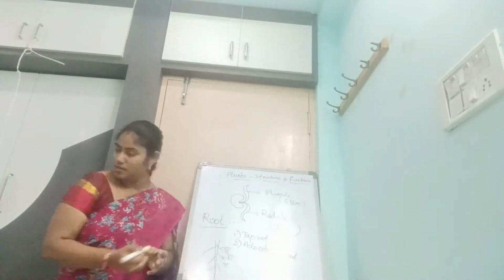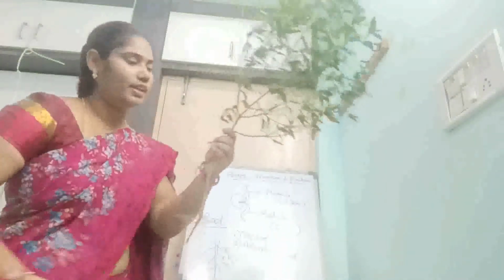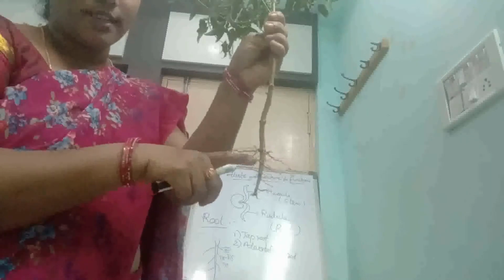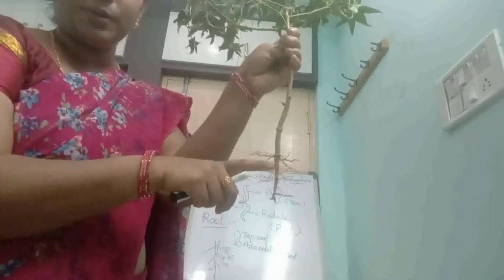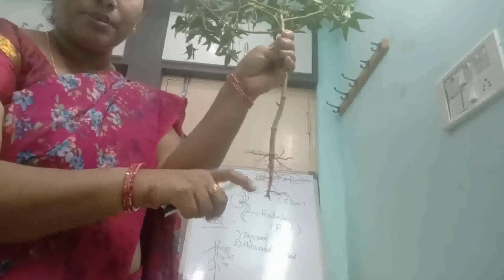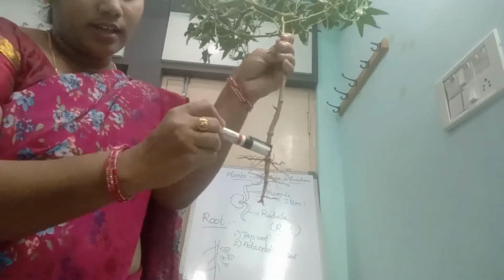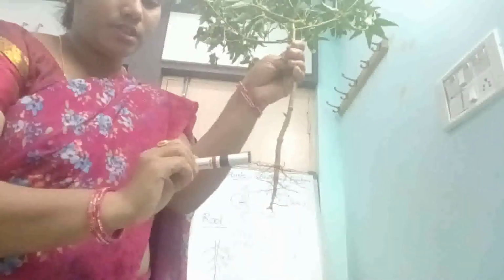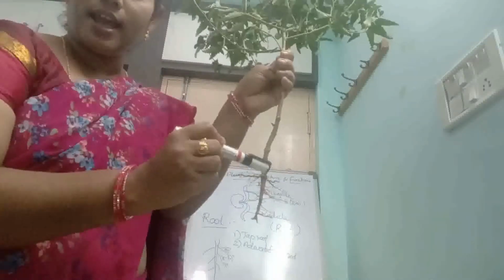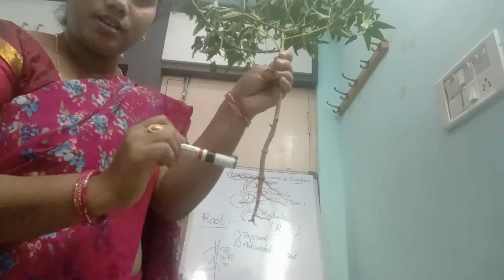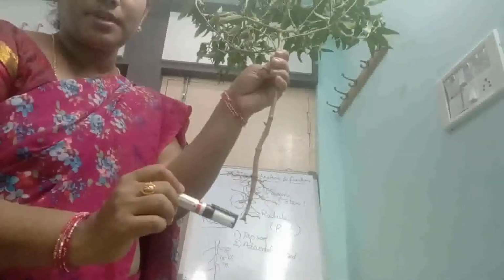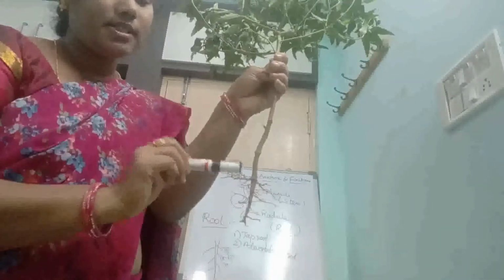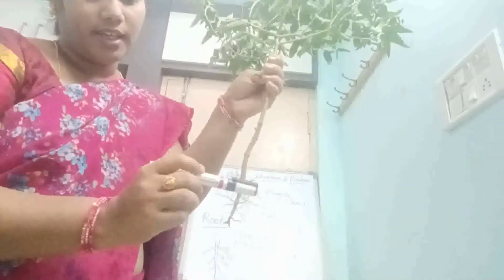Okay. So here we clearly see this taproot. At the center the main root is present. This is the taproot, and around the taproot we have lateral roots or secondary roots. The center main root is called the taproot. These are the secondary roots.